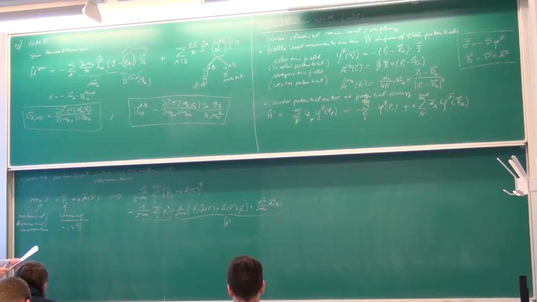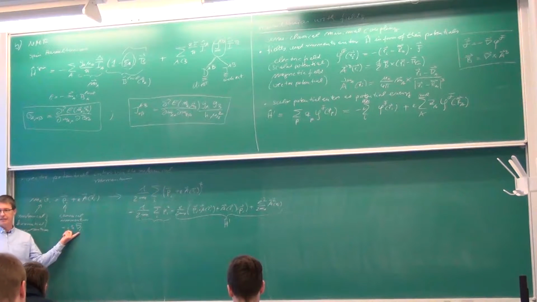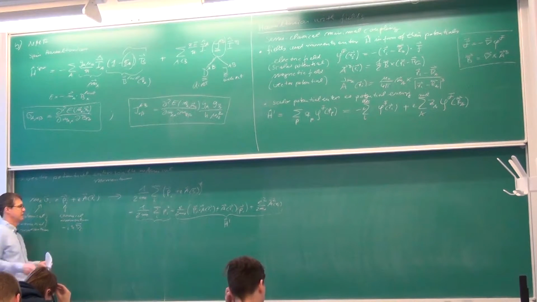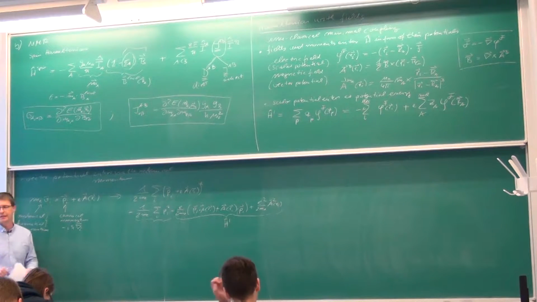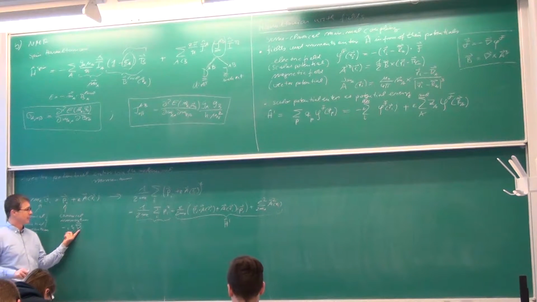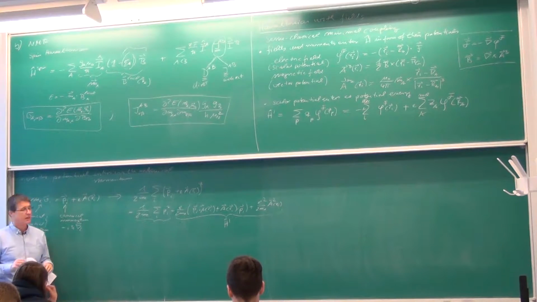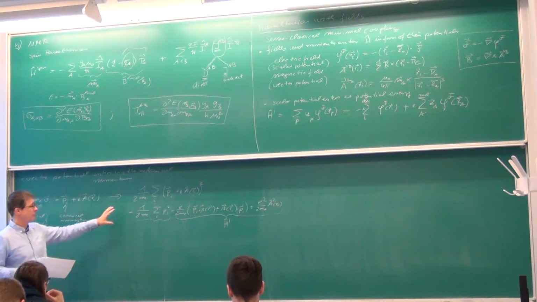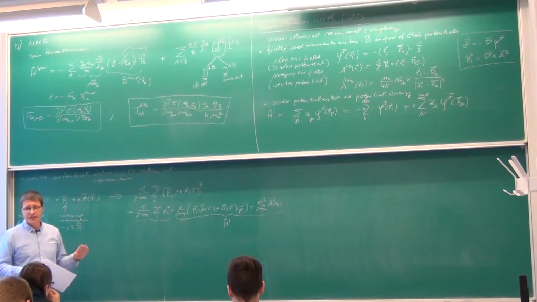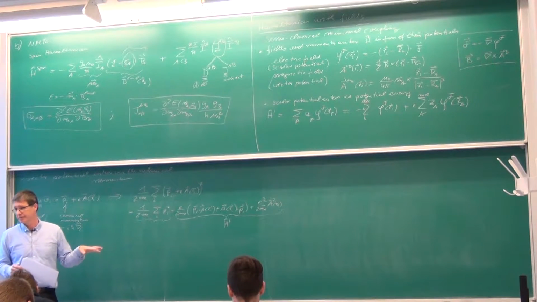Well, that has very much to do with the fact that this is the gradient operator. And that gradient operator takes the derivative of everything which is standing behind. Now this is part of the Hamiltonian, so eventually the whole thing is acting on a wave function.